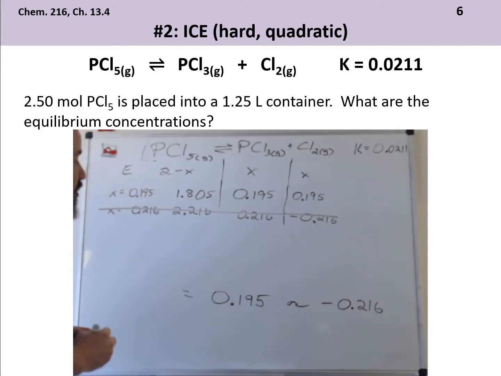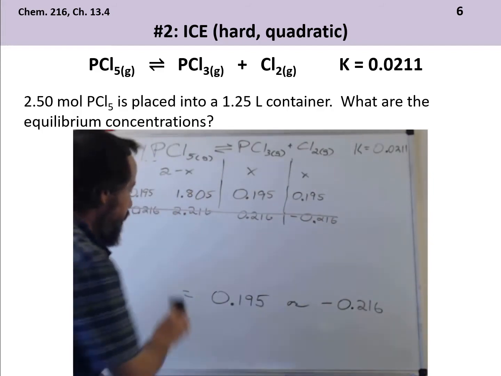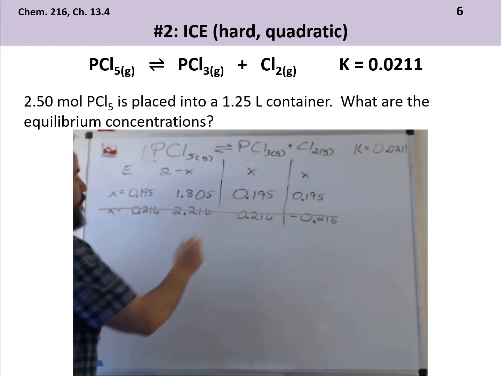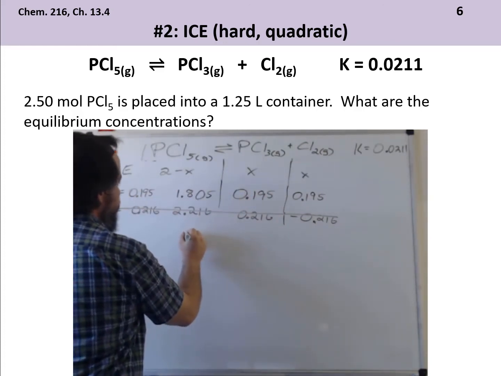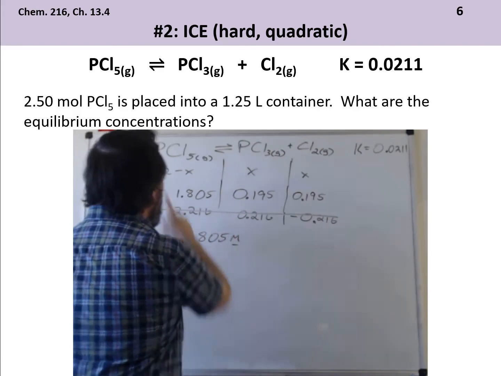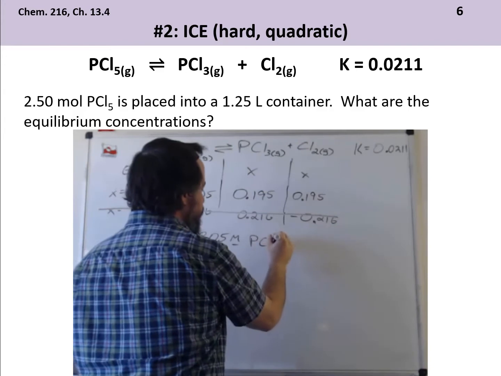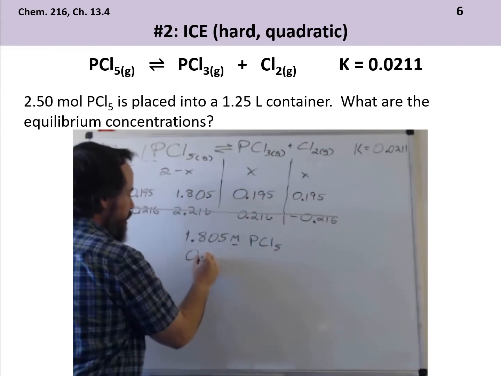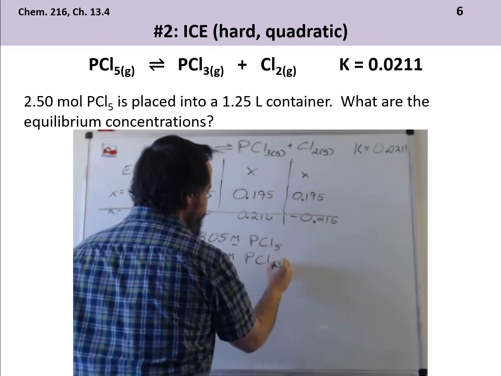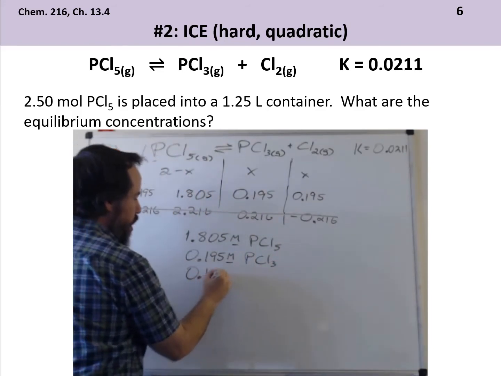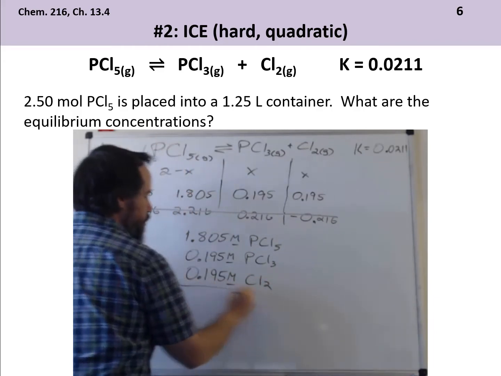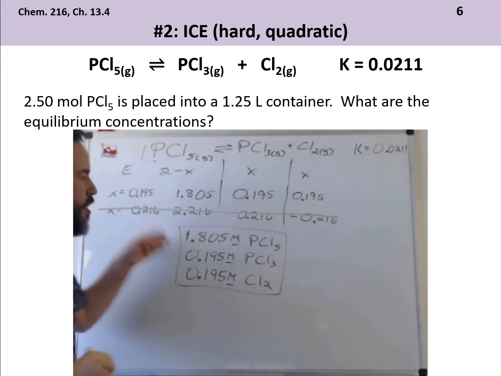So these are my concentrations: 1.805 molar PCl5, 0.195 molar PCl3, and 0.195 molar Cl2. Those are my answers.